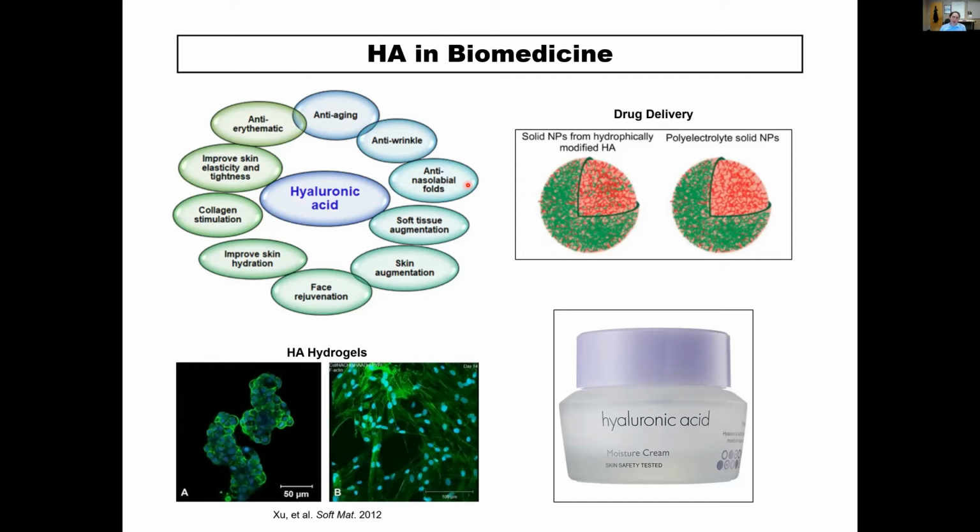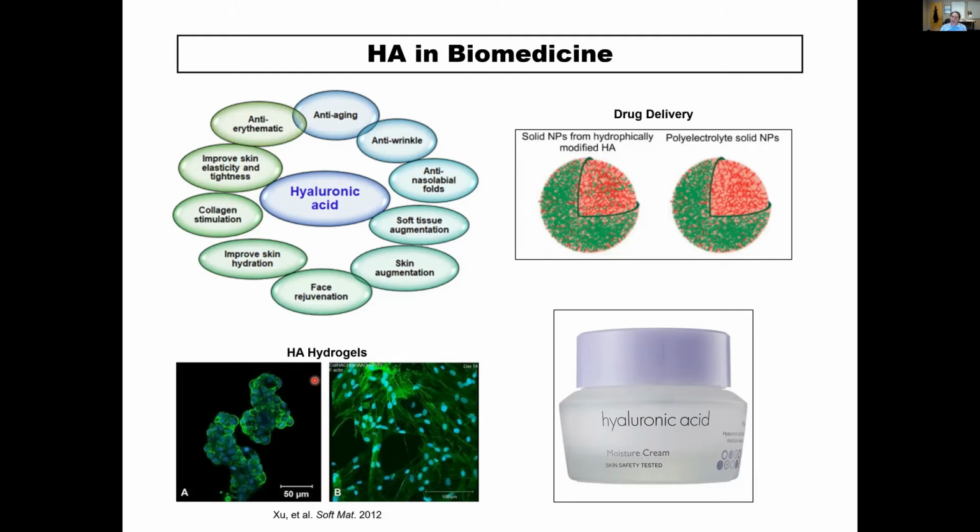So besides that, it's also been used, for instance, in drug delivery, where you can actually coat a drug with modified hyaluronic acid chains. They form these nanoparticles that will encode, for instance, drugs for drug delivery. It's also being investigated to be used as hydrogels, either as a material for, for instance, wound healing, or also for growth of stem cells.